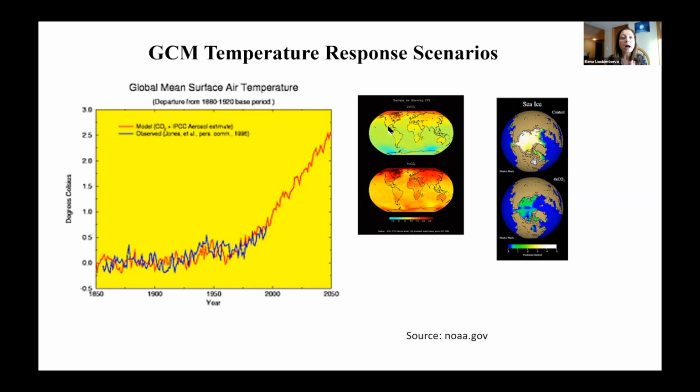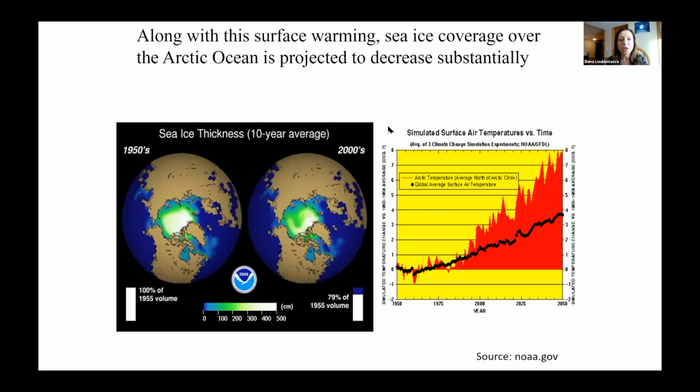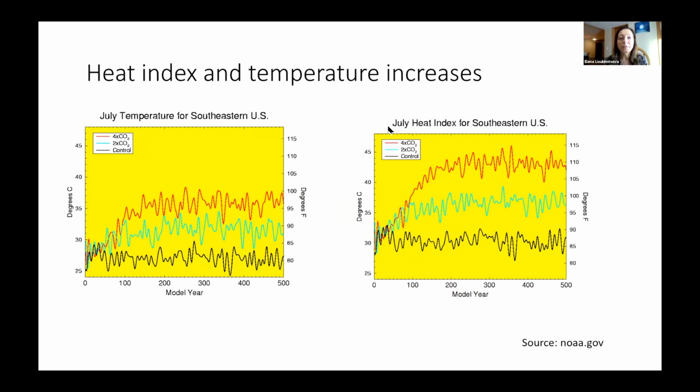And so the models can help us see what will be the changes in the atmosphere, in the sea ice thickness, in the polar ice caps as a result, and what would be seasonal changes of the heat index, which is a temperature adjusted for the humidity in various geographic areas.